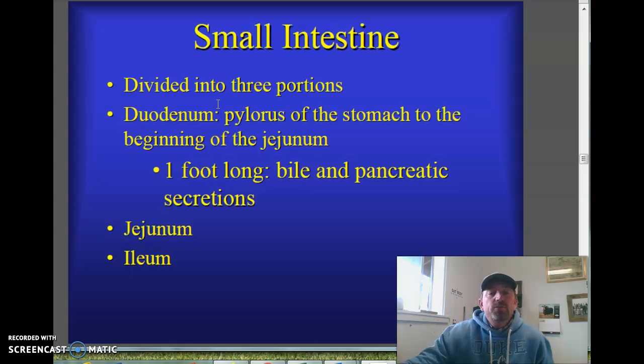If we look at the small intestine here, you can see that it's 3 sections. We know that the 3 sections are fairly important. The duodenum, which is the first section, is the section I was talking about that neutralizes the pH level. It's a very short section.